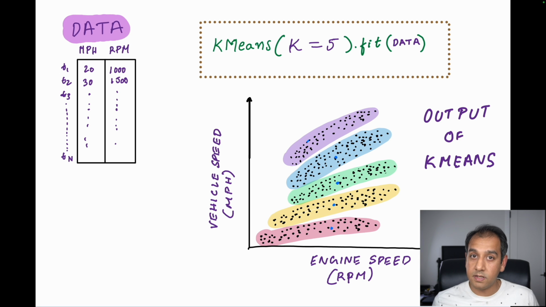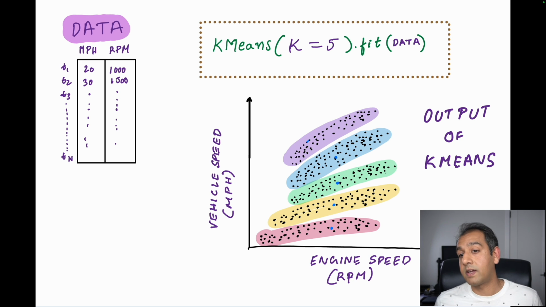Now, how do I get these kinds of natural groupings or structures, or how do I find them? That's where algorithms like k-means clustering come into play. So you take this data set, plug it into an algorithm called k-means, and specify the number of clusters. If you don't know the number of clusters, there are other techniques that you can use to find the optimal number of clusters.